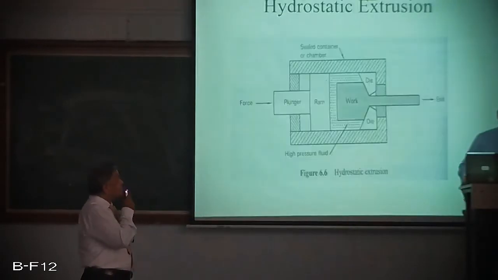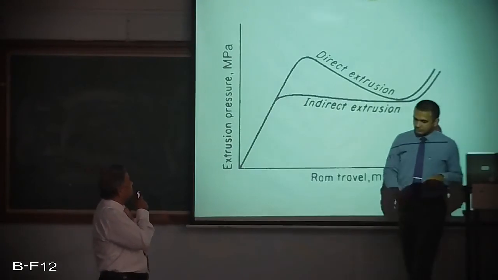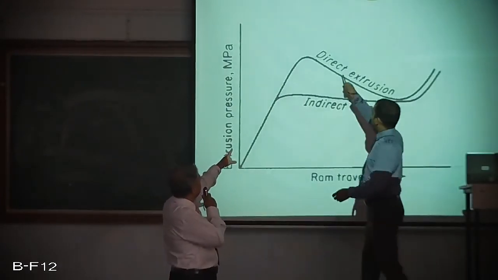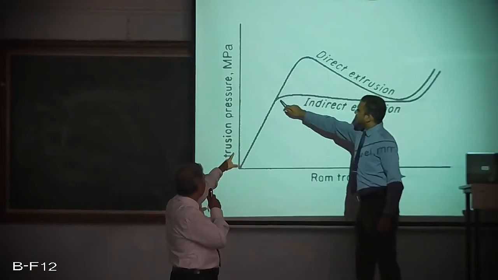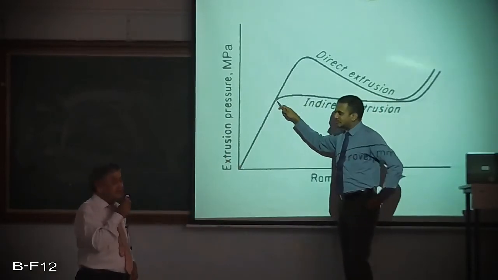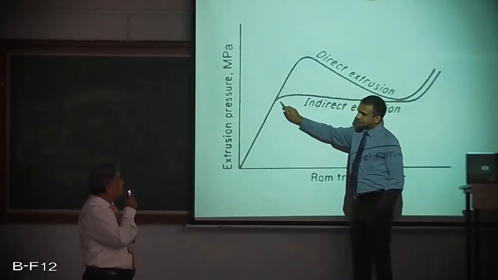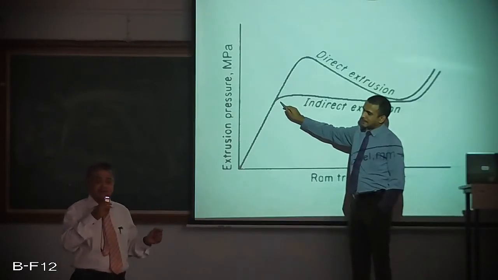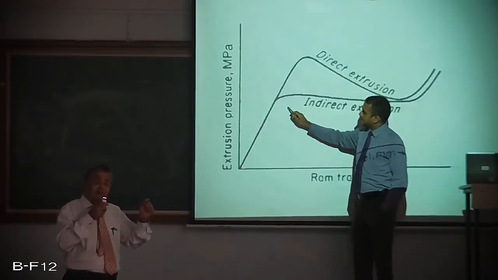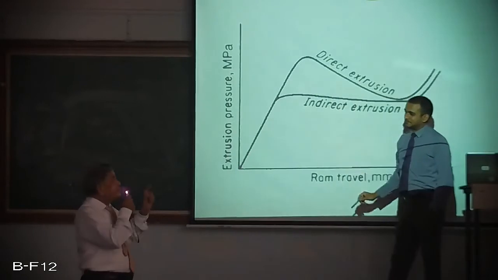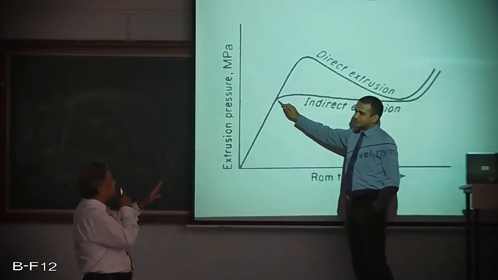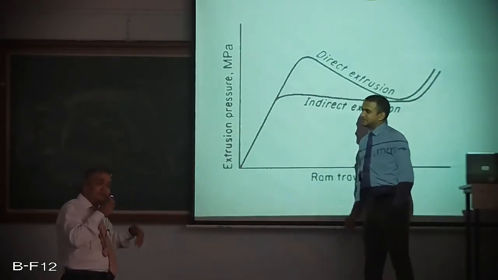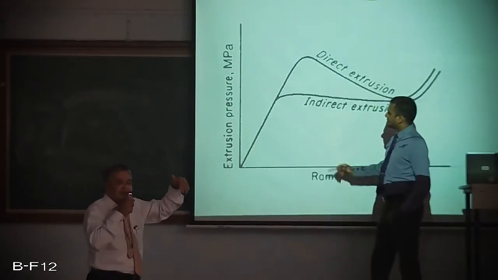Now let us have a look at the graph. Sir is showing that common point. You know what is that point? That point is the point of elastic limit. The material flow starts only after that. That's why the curve up to a certain point is the same whether it is a direct extrusion or indirect extrusion.